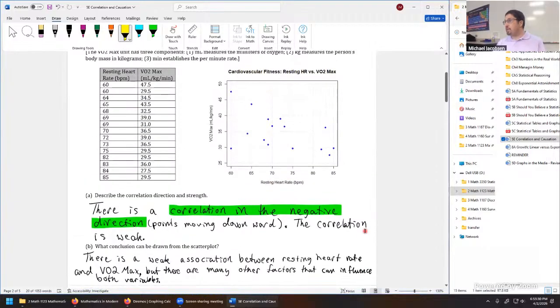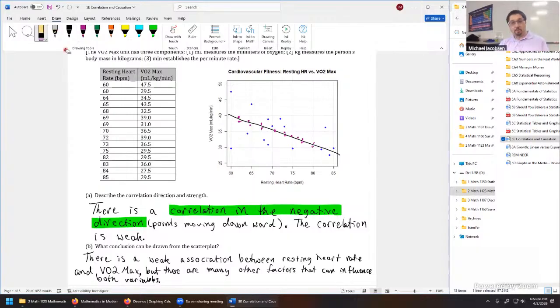So if you want to assess the strength of a correlation, try to just draw a line on paper. If it's a real quiz or exam, you can do that. If the points were really close to this, we would have called it a strong correlation. So suppose the points were the ones in red, not the ones in blue. If that was our graph, we would have said either strong or very strong if that was what the data actually looked like.